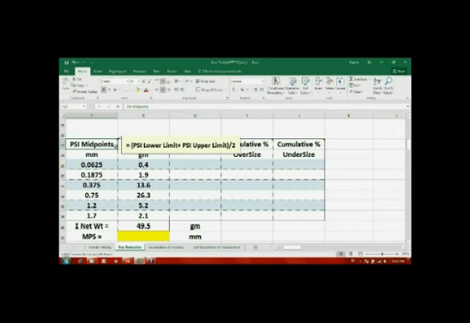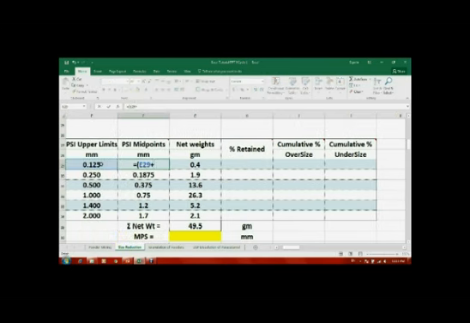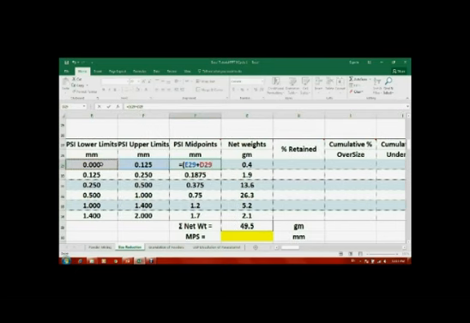Now, calculate each particle size interval midpoint, of course in millimeters. Particle size interval midpoint equals the particle size interval lower limit plus the particle size interval upper limit, divided by 2. Now, as you can see, we arrange net weights to each corresponding particle size interval.